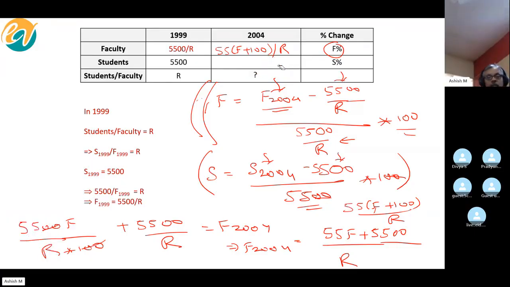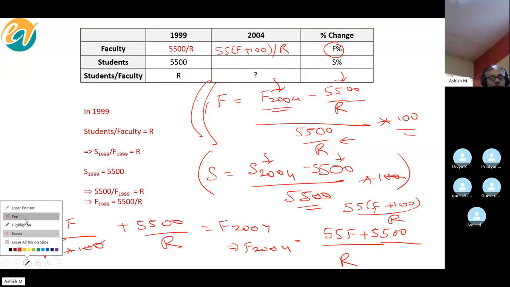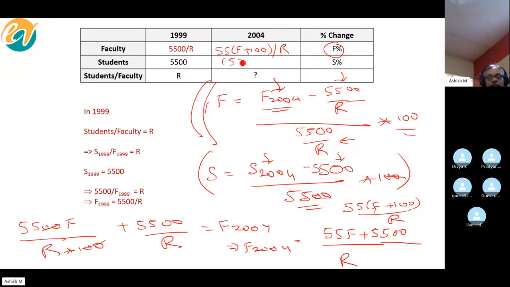So let's make it a bit simpler: 55S plus 5500, which is nothing but 55 common, S plus 100. Agreed? So this is basically 55 times S plus 100.